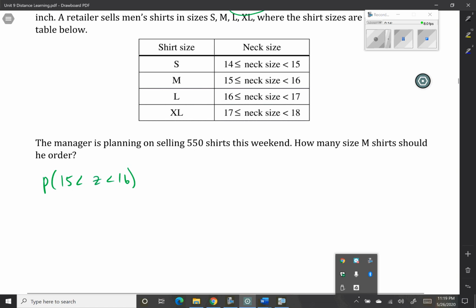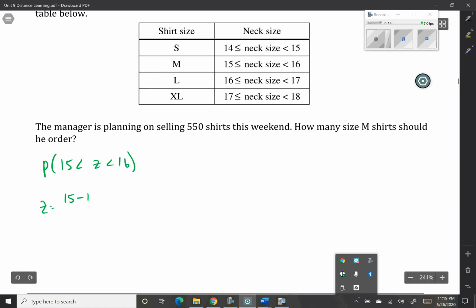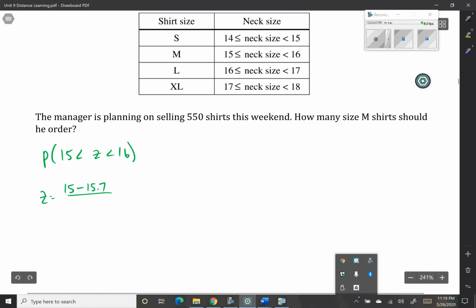We need to find the lower z-score, the z-score for 15. So I'll do 15 minus the average 15.7 divided by the standard deviation of 0.7. I think that's negative 1, but I'll check it. 15 minus 15.7. Yes. So we have negative 1.